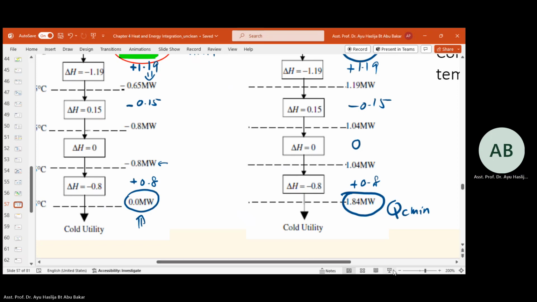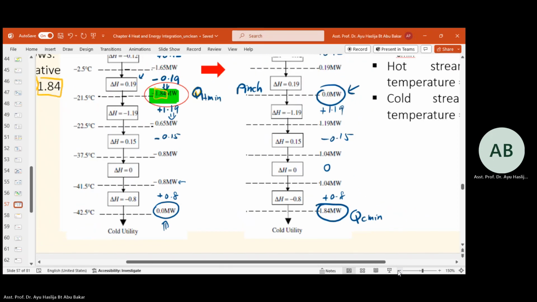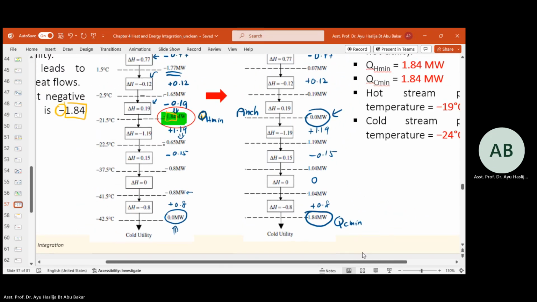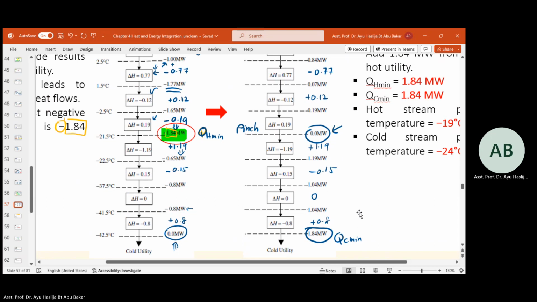Starting point to last point, like from here, we started from 1.84 and then we also finish at 1.84. No, it depends on your delta H. It's not necessarily the same. From the previous example, it's not the same.